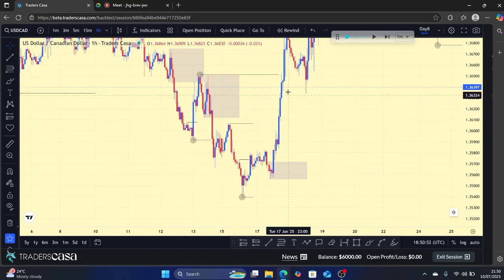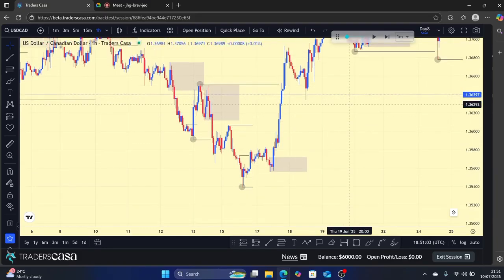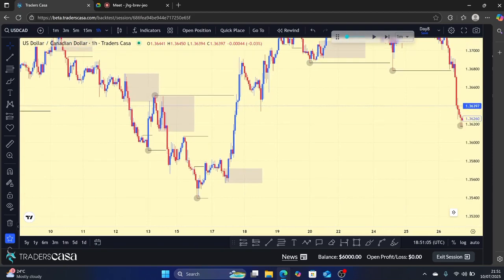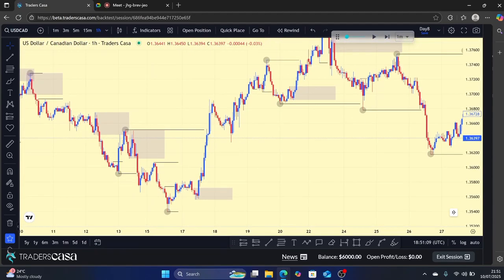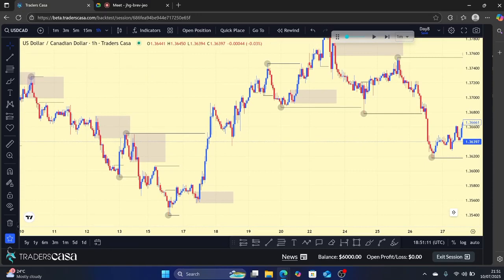Then here price decided to do the opposite, to shift bias from being bearish to now being bullish, and the same concept applies. We just need to identify the valid pullback right before the extreme POI. Once you have done that, the engineering liquidity is easy because you can clearly see this is the inducement, and there are no unmitigated order flows here until here on the extreme.